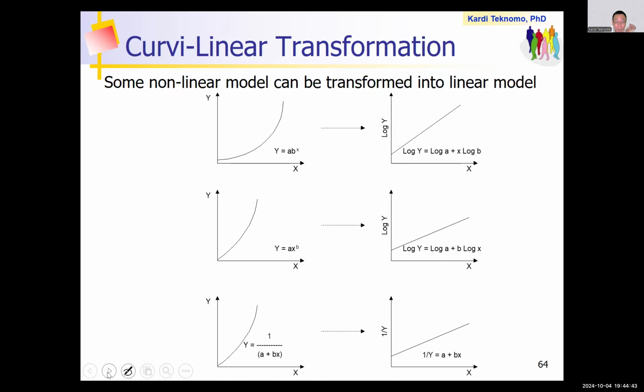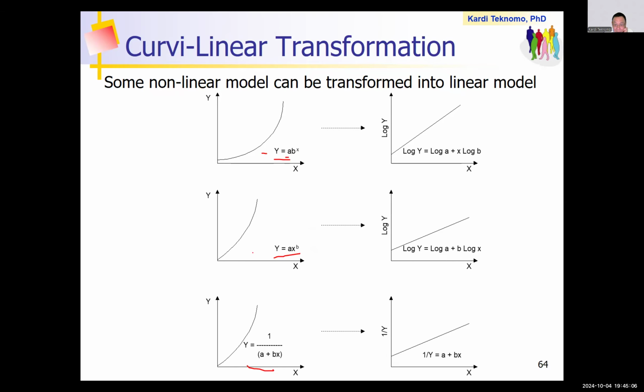So now, if you have some nonlinear model, something like this, or something like this, you can actually transform it into a linear model. For this one you can take the logarithm on both sides.